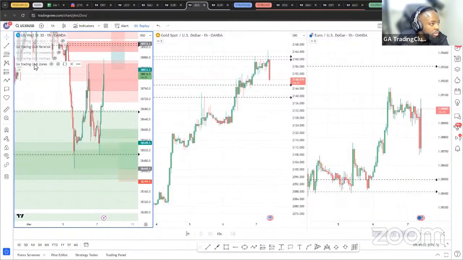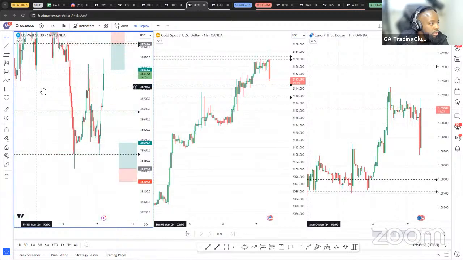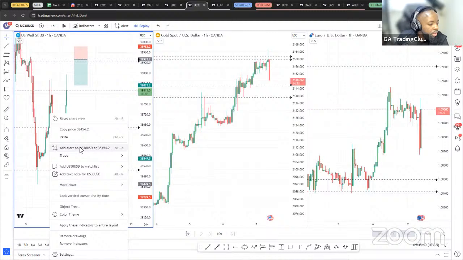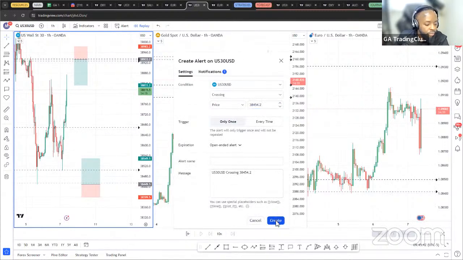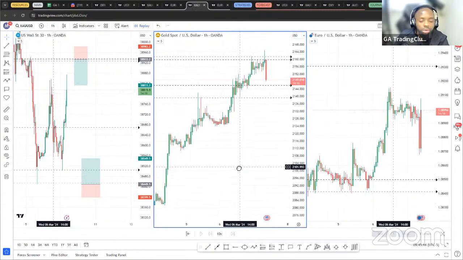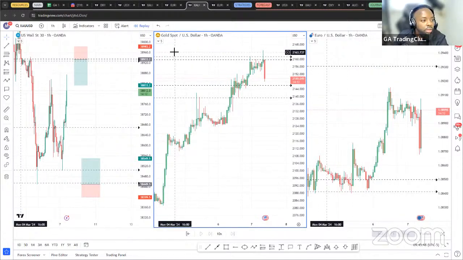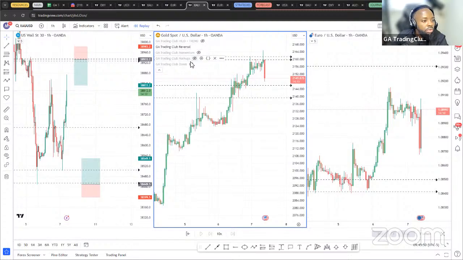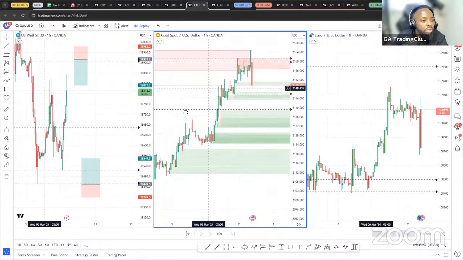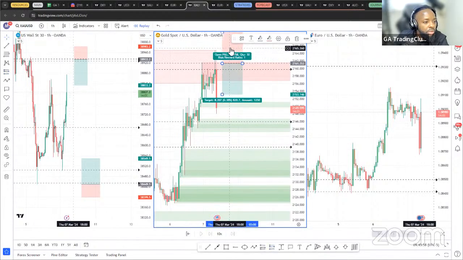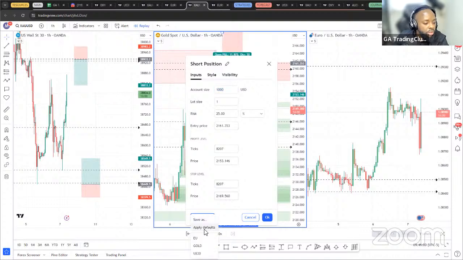Second. All right. And then for gold on the hourly as well, we already had that zone right there.